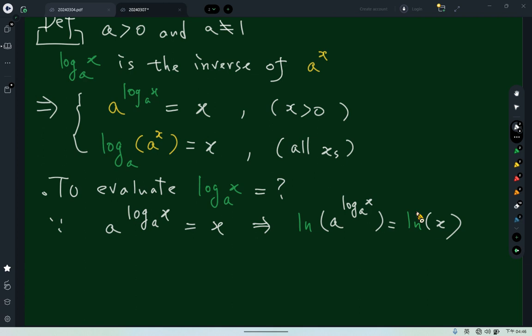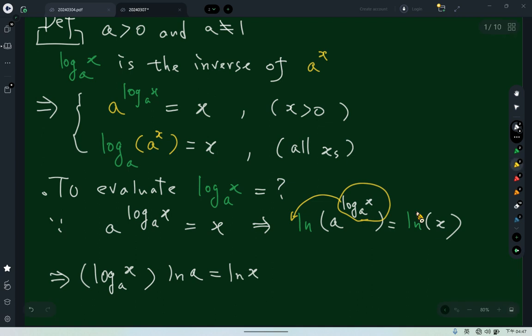So this part can be moved here, and we continue to get log a x times ln a is equal to ln x. So finally, we get log base a of x is equal to ln x over ln a.